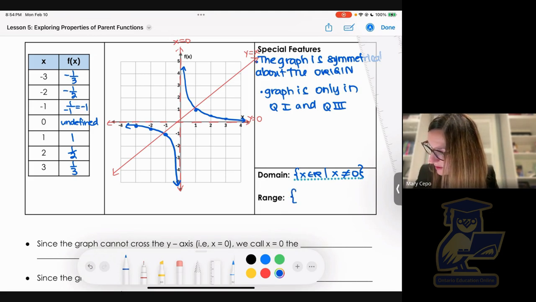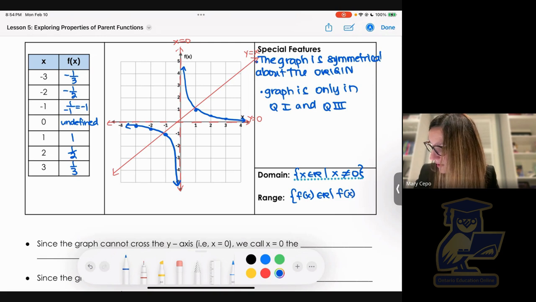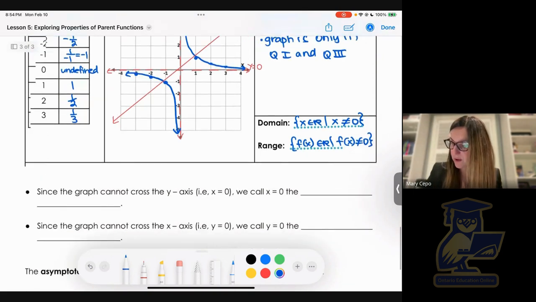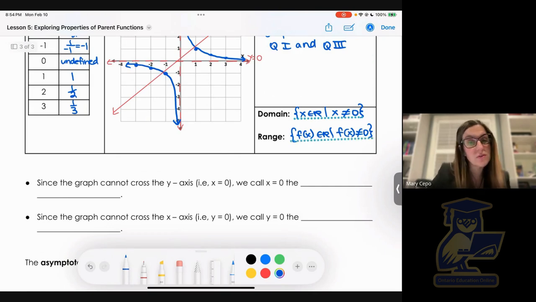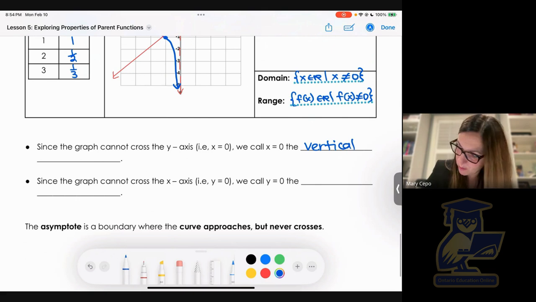For the range, y, or f of x, is an element of real, but f of x cannot equal 0. Since the graph cannot cross the y-axis, x equals 0, we call x equals 0 the vertical asymptote.